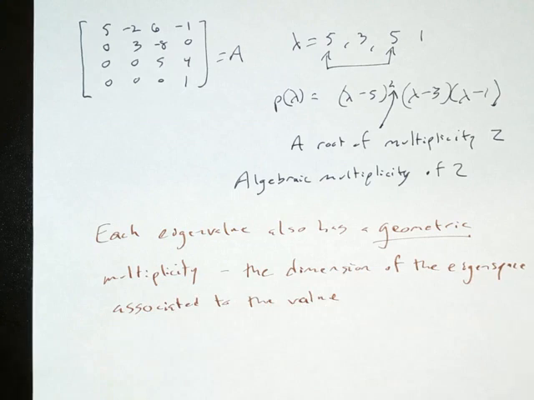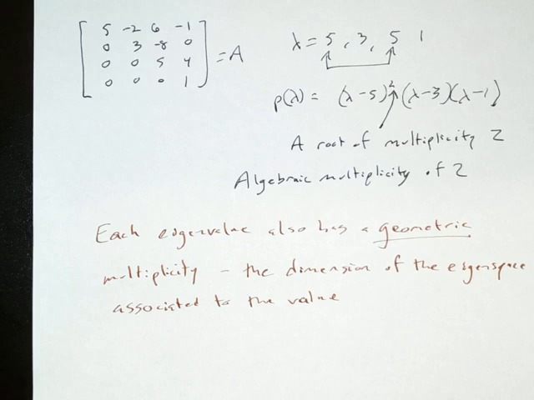It turns out the algebraic number is the bigger of the 2. Your geometric is never bigger than your algebraic, which means for 3 and 1, the geometric multiplicity is 1. For 5, it might be 1, it might be 2.